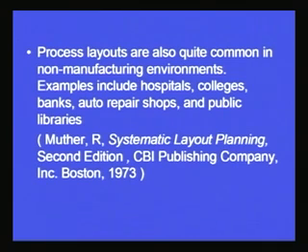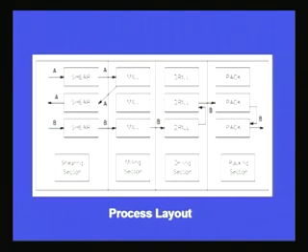So what does a process type of layout look like? Let us go through a very simple diagram showing a process type of layout. So you see shear, shear, shear; mill, mill, mill, the milling section; the shearing section; drill, drill, drill, the drilling section; pack, pack, pack, the packing section.